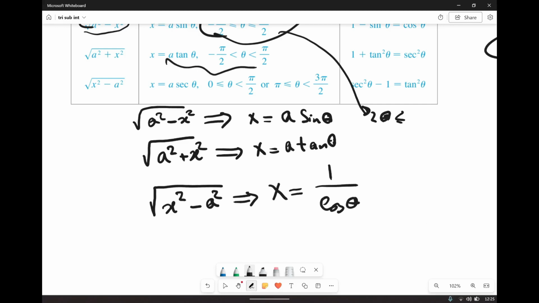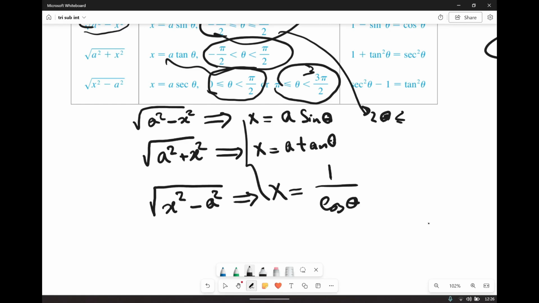Also here, exactly the same, but for cosine we just take the first quadrant or second quadrant, because in this quadrant cosine is positive and our inverse is also positive. Although that is not so important.